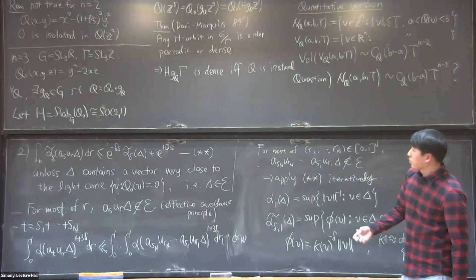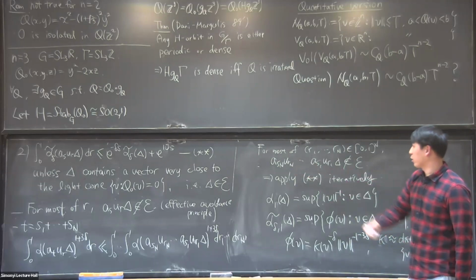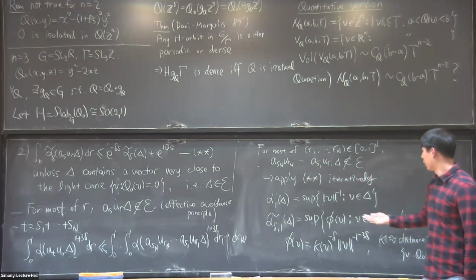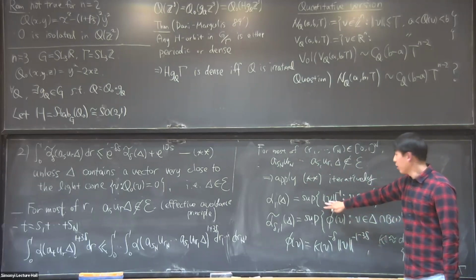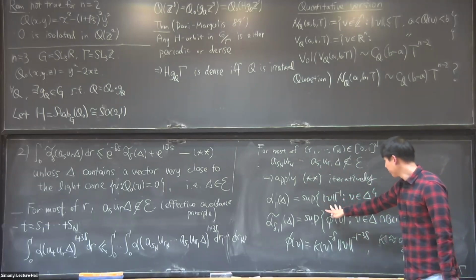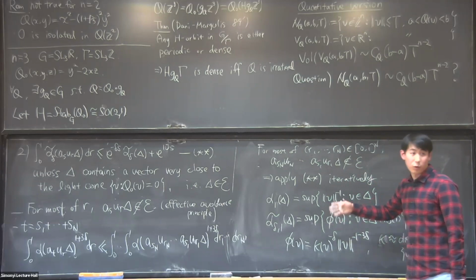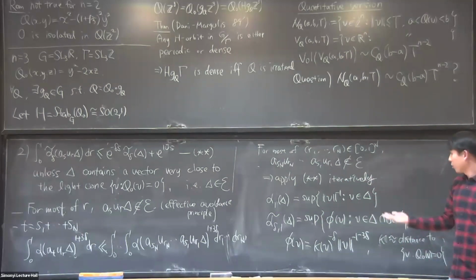So the global Margulis inequality follows from the corresponding Margulis inequality with respect to this function in the representation space.